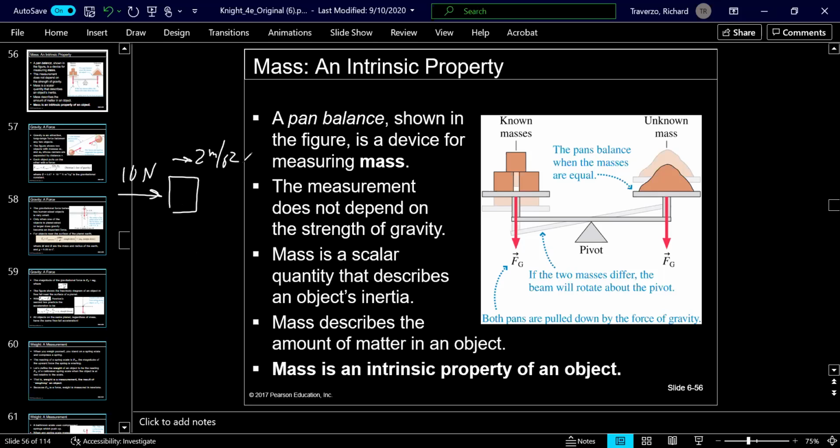You apply a known force, any force, it could be gravity, the spring force, tension, thrust, whatever, and you will observe an acceleration. What makes mass a scalar quantity is that, one, if I double the force, I should double the acceleration.